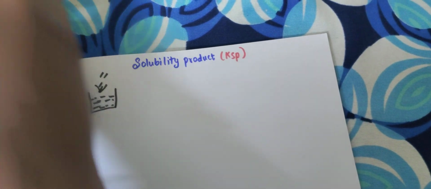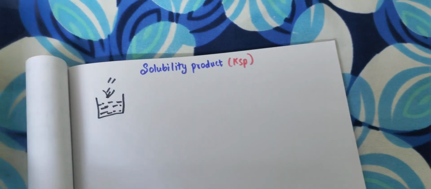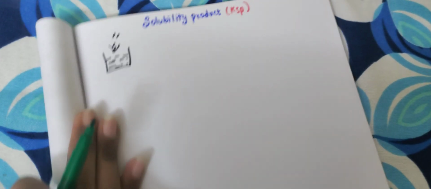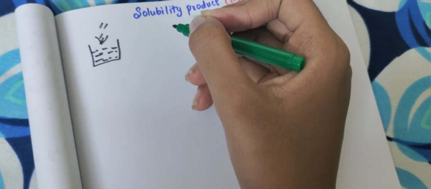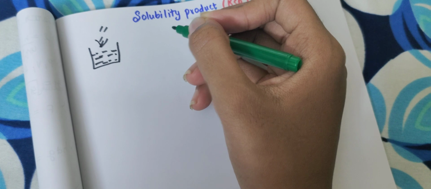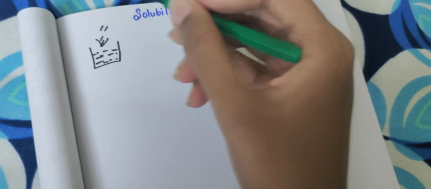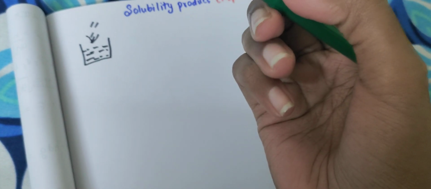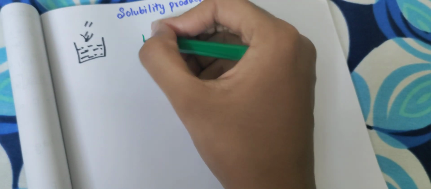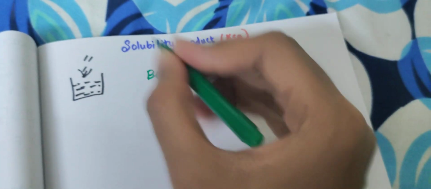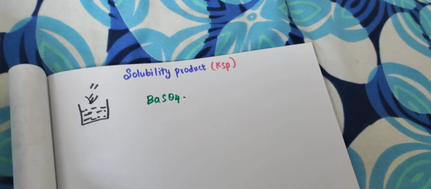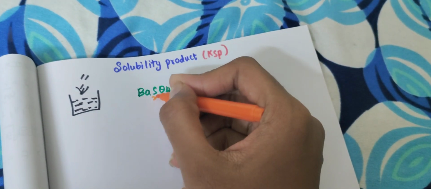Suppose we take any random compound. I am going to take the compound BaSO4. First, you have to know about the X and Y terms.